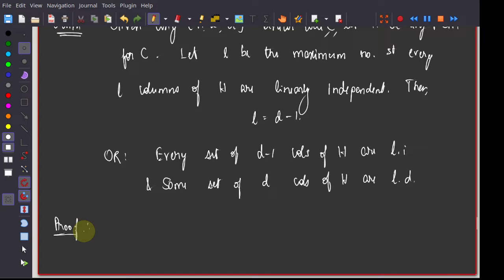Zero. So what does this tell you? So what exactly is H times x for a given vector x? It is some linear combination of the columns of H. Do you agree?